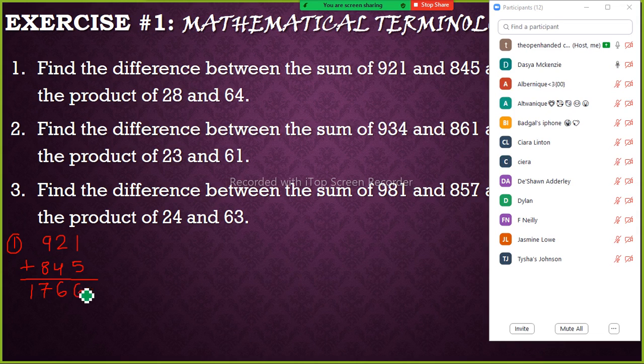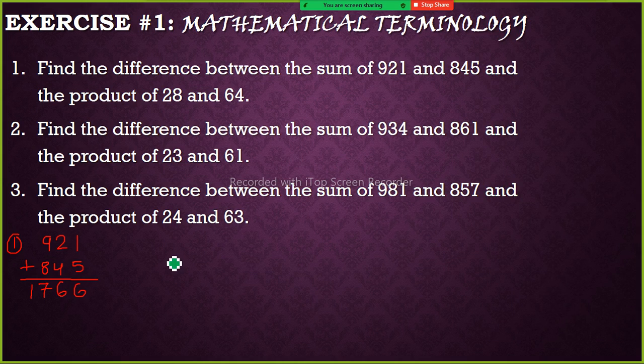That's all. Okay, good. And then what do you do next? You multiply 28 by 64. 28 and 64, very good. Because they say find the product. So we have 28 times 64.